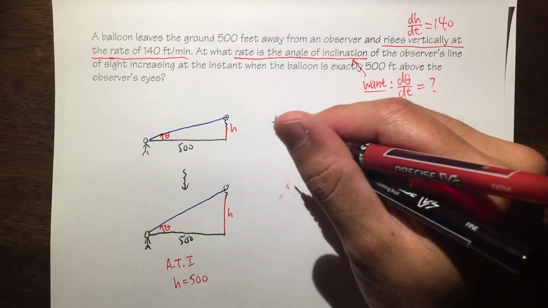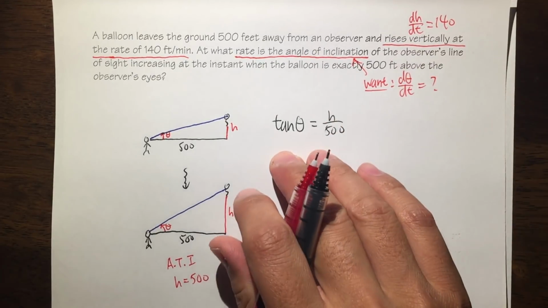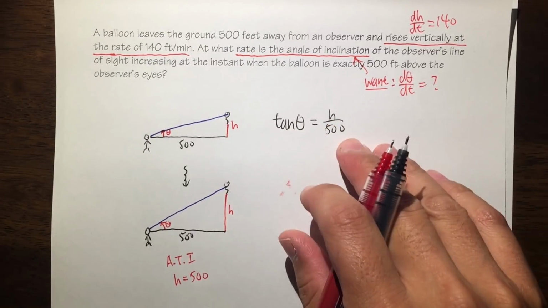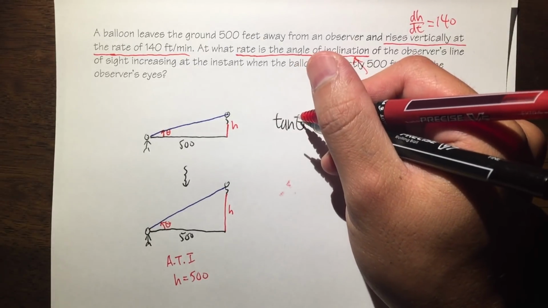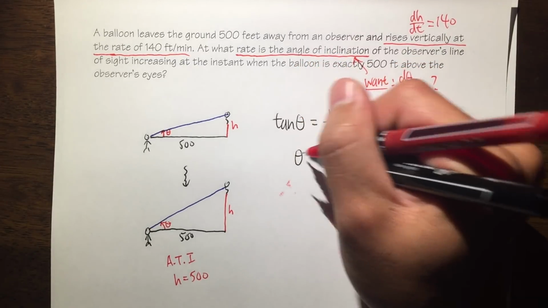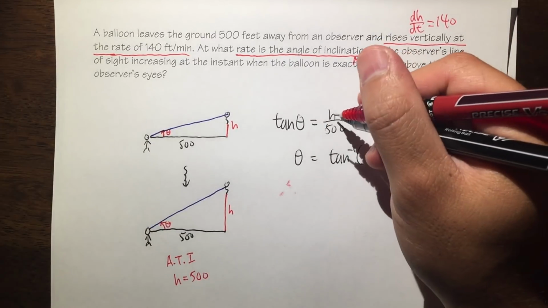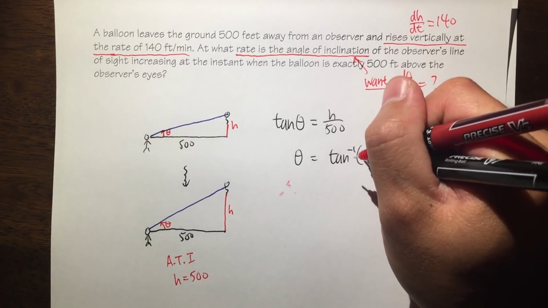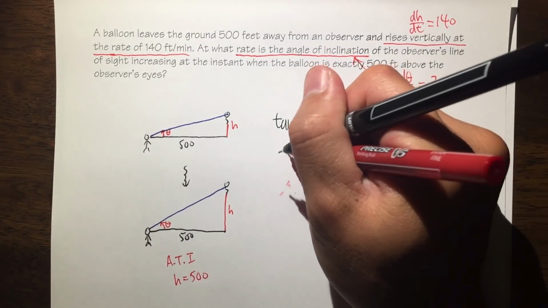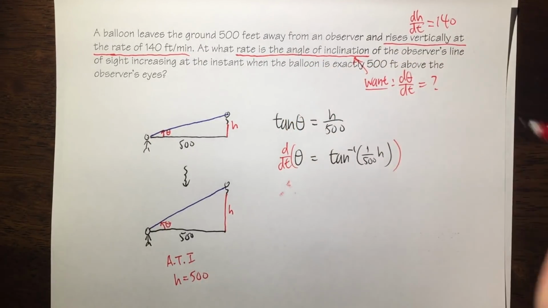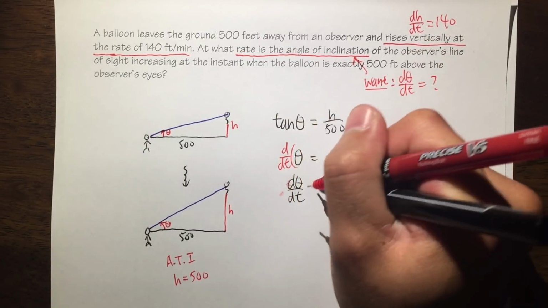Right here, you can differentiate this with respect to time. Or if you don't like the original tangent, you can take the inverse tangent on both sides. In fact, that's slightly easier in this situation. So let me say theta is equal to the inverse tangent of h over 500, which is 1 over 500 times h. Then I differentiate with respect to time, because this way on the left-hand side I get dθ/dt right away.